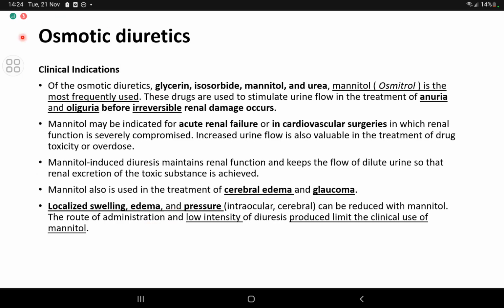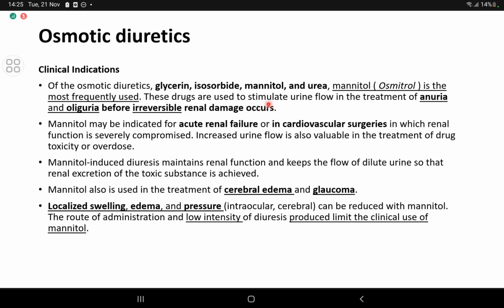The first diuretic we are going to discuss is the osmotic diuretic. The examples are glycerin, isosorbide, mannitol, and urea. These four are the commonly used osmotic diuretics. Among these four, the most commonly used is mannitol. Mannitol is useful for anuria and oliguria conditions in kidney patients before irreversible damage.